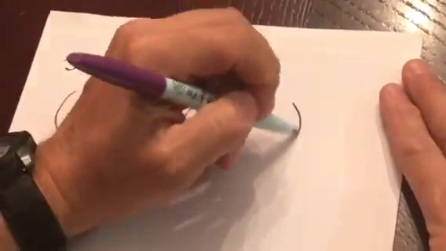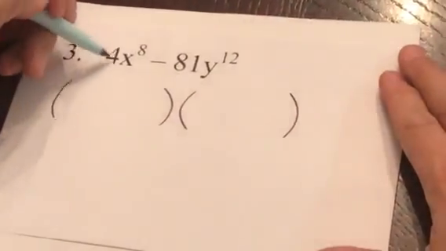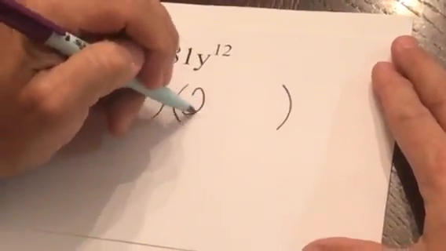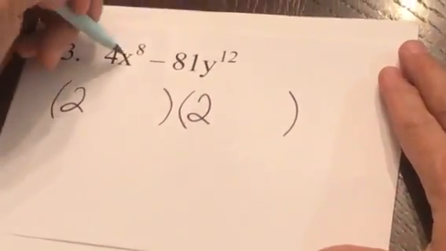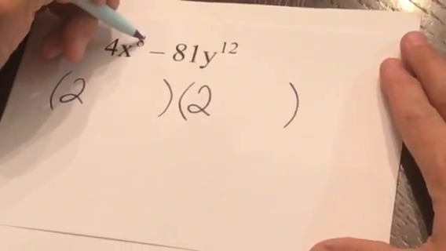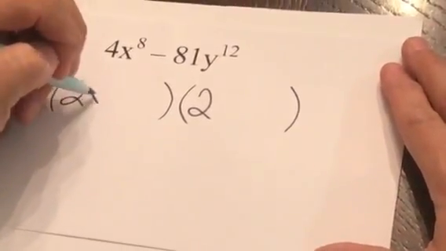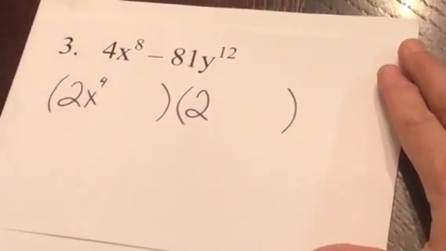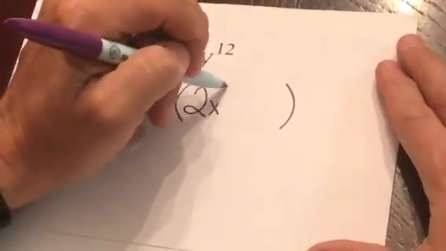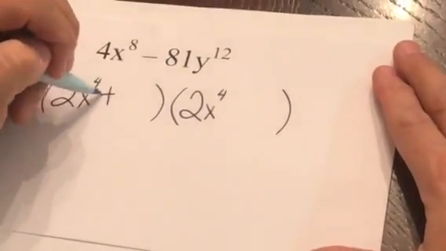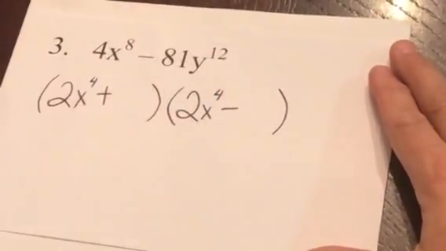Set up our parentheses. The square root of 4, 2, and 2. X to the 8th. Split those up so there's the same number of x's in each parentheses. That's going to give us x to the 4 and x to the 4. It's always 1 plus, 1 minus.